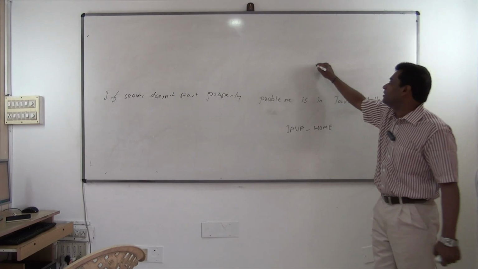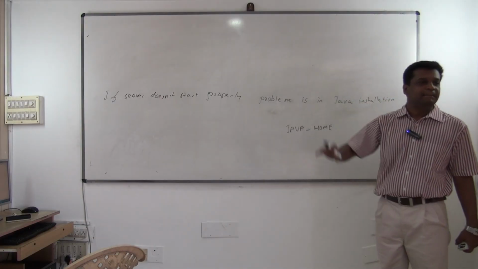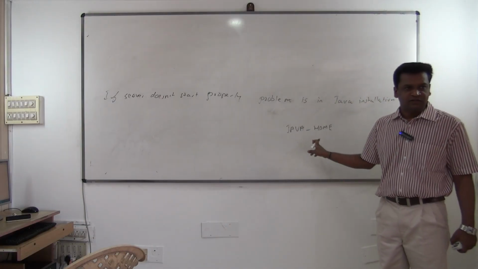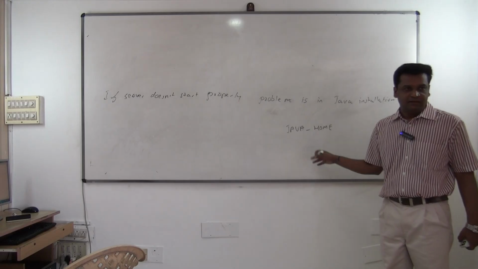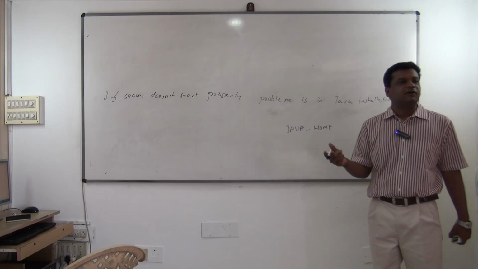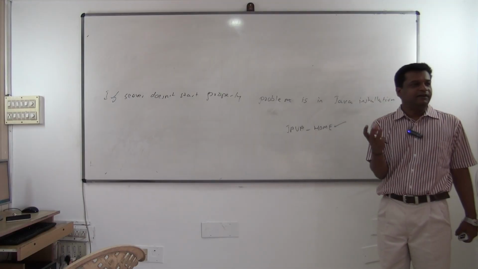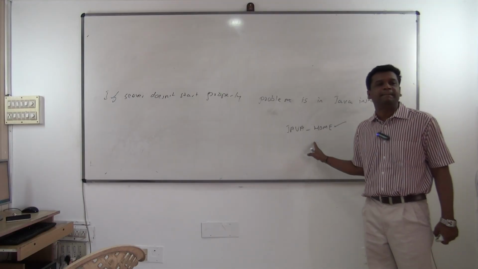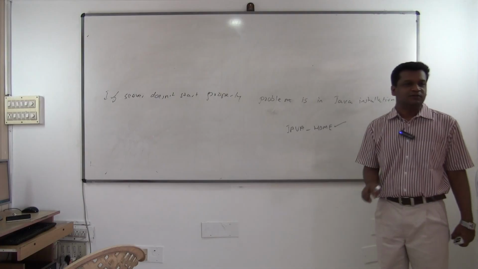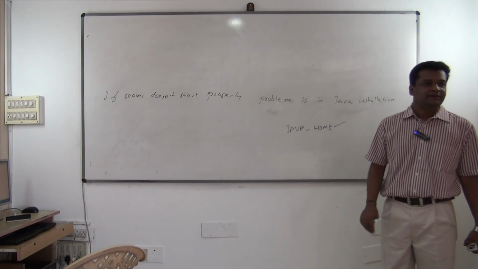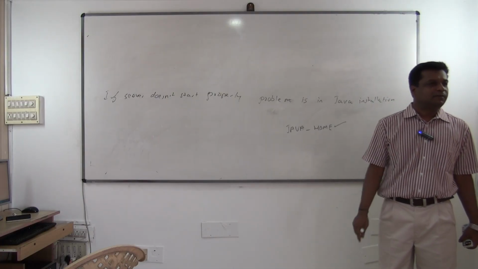Sometimes you'll give the value for path directly as C drive till bin. That is not recommended. When you start Tomcat, it is actually using the variable named JAVA_HOME. When it is searching for that, it will not find it, and when it doesn't find it, it will not start properly.